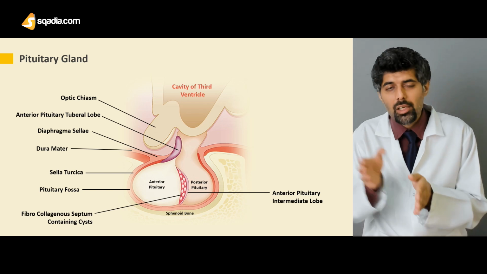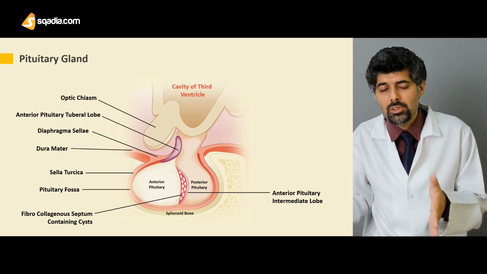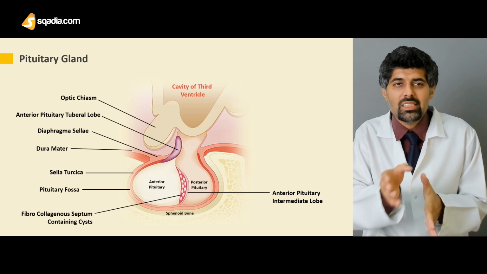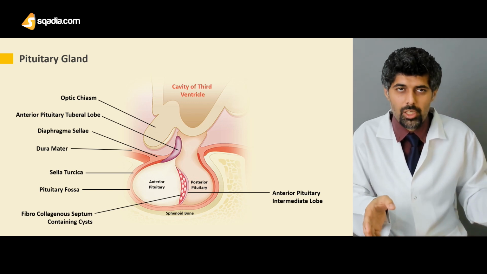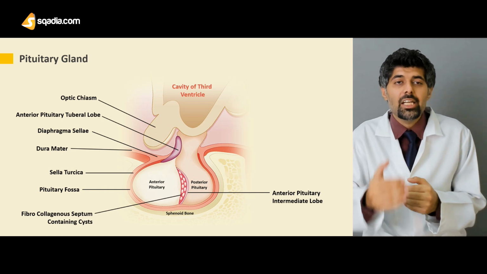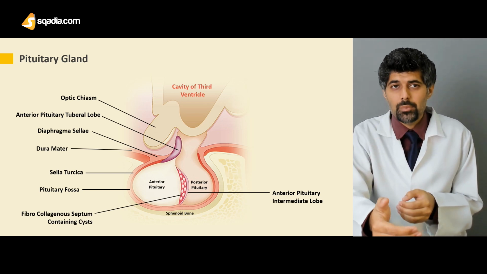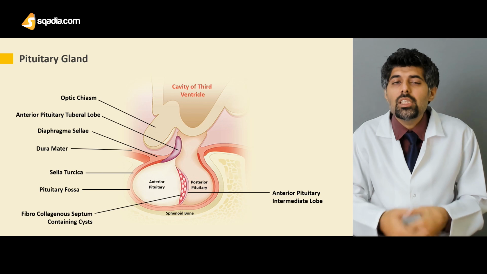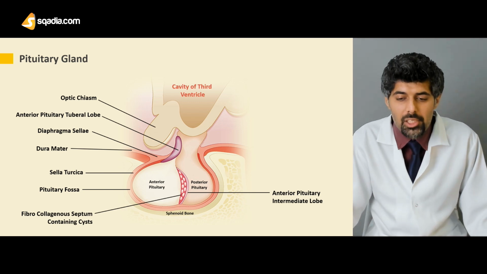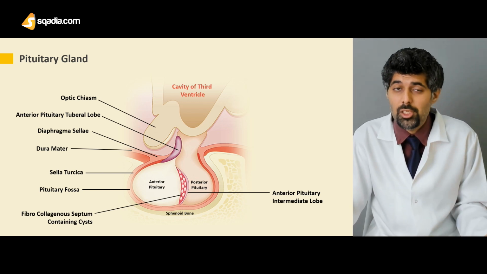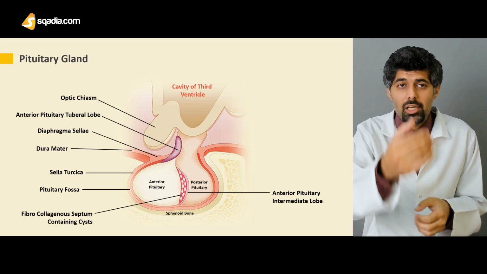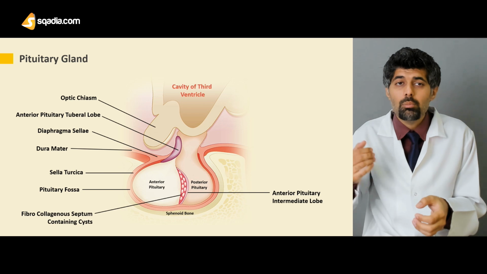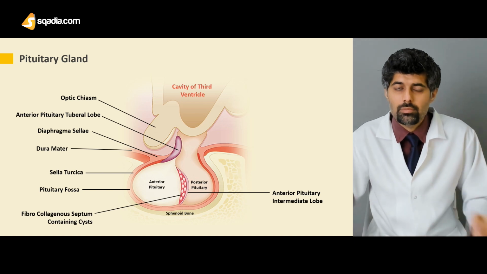In anatomical terms, that median lobe is actually a part of the anterior pituitary, because it lies anteriorly to the septum. So sometimes it is also known as the anterior pituitary intermediate lobe. So the anterior pituitary can have both the anterior lobe and the intermediate lobe.